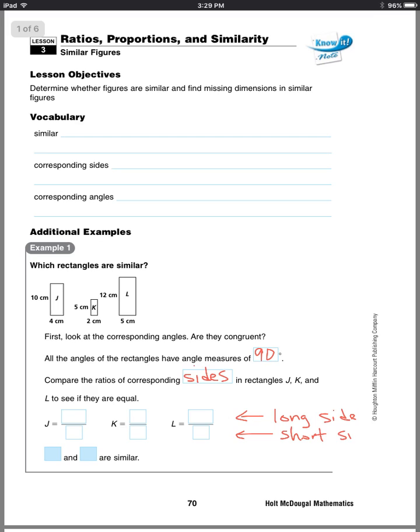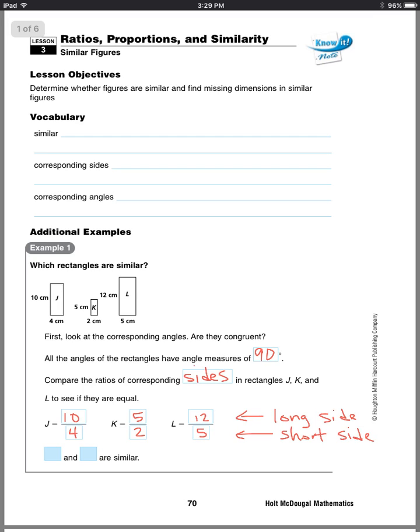Because we have to have every single one in the same order, meaning the numerator applies to the same side and the denominator applies to the same side. So J, our long over short, is 10 over 4. K is 5 over 2. And L is 12 over 5.